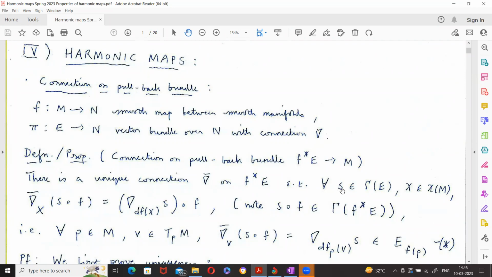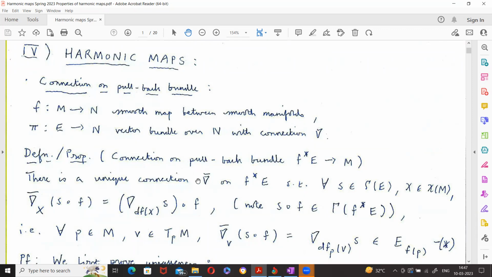If I take any section S of E and any vector field X on M, I can look at S composed with F. S is a section of E, which is a bundle over N, so I can compose it with F. At any point P in M, F of P is a point in N, and S of F of P makes sense as a vector in E. That is a vector in the fiber E at F of P. So S composed with F is a section of the pullback bundle F star E.